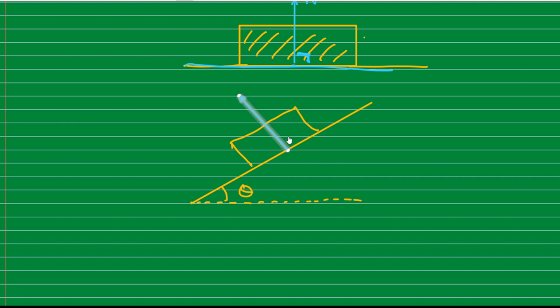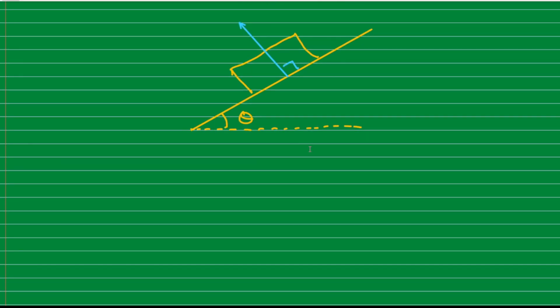Okay, so we have 90 degrees here to the surface. So a normal force is a force or a component, any part of a force, which a surface exerts on an object, and that force is perpendicular to the surface.